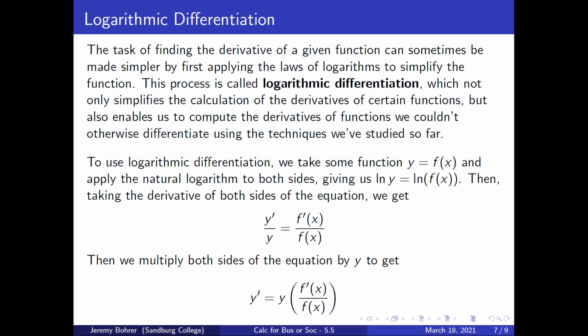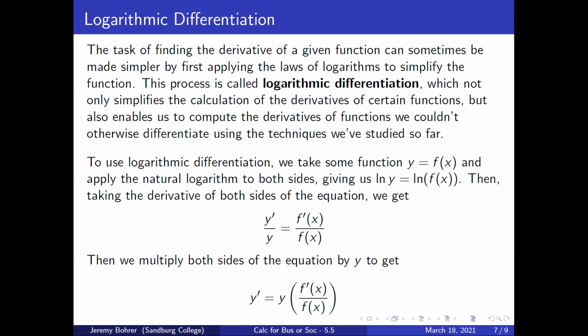This process is called logarithmic differentiation, which not only simplifies the calculation of the derivatives of certain functions, but also enables us to compute the derivatives of functions we couldn't otherwise differentiate using the techniques we've studied so far. To use logarithmic differentiation, we take some function y equals f of x and apply the natural logarithm to both sides, giving us the natural log of y is equal to the natural log of f of x.